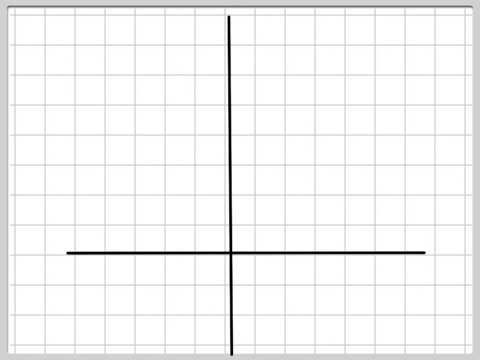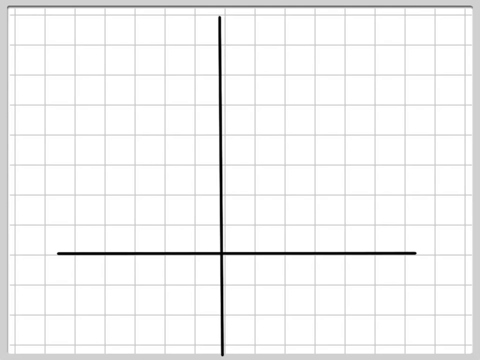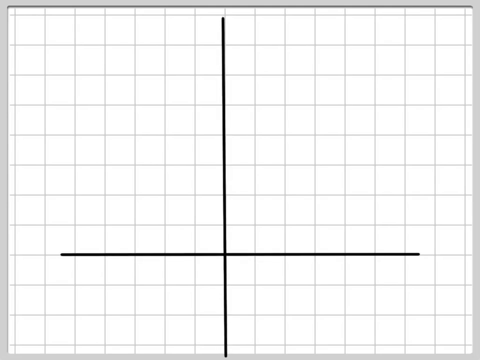I actually have a grid set up over here. I think that'll be enough down so we can do it that way. Okay, so we've got the point 1,3, which would be here.